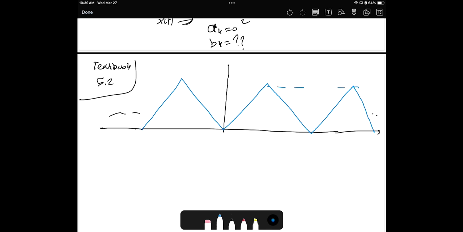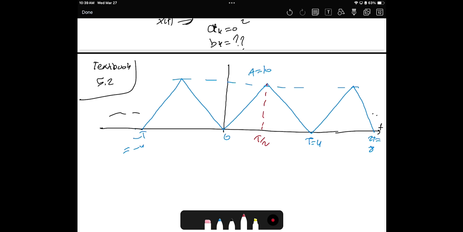This is the magnitude, A equals 10, here is 0, here is T, which is equal to 4, here is 2T, which is 8 seconds, and here is negative T, which is negative 4 seconds. Then the magnitude is 10, and keep in mind the peak will happen at T over 2.